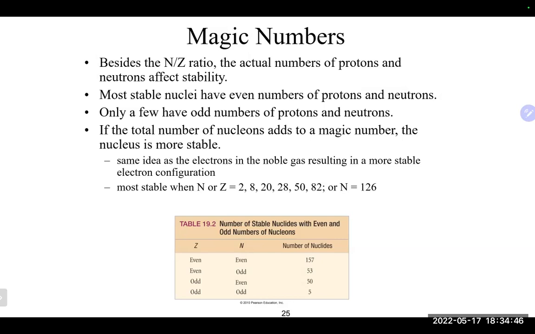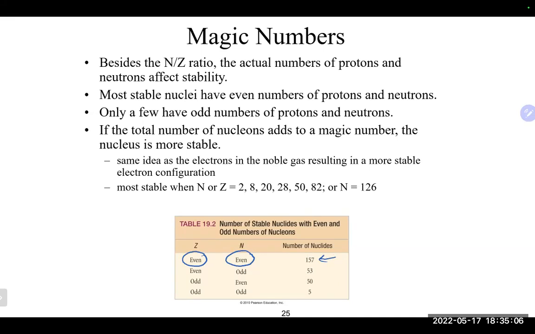Most stable nuclei, the most stable arrangement you could have, is an even number of protons and an even number of neutrons. There's 157 of those stable nuclei.